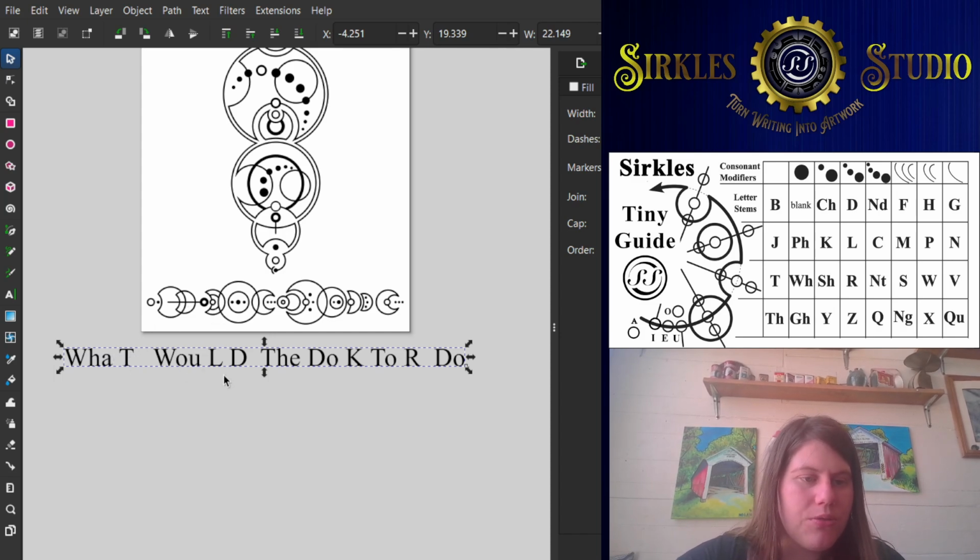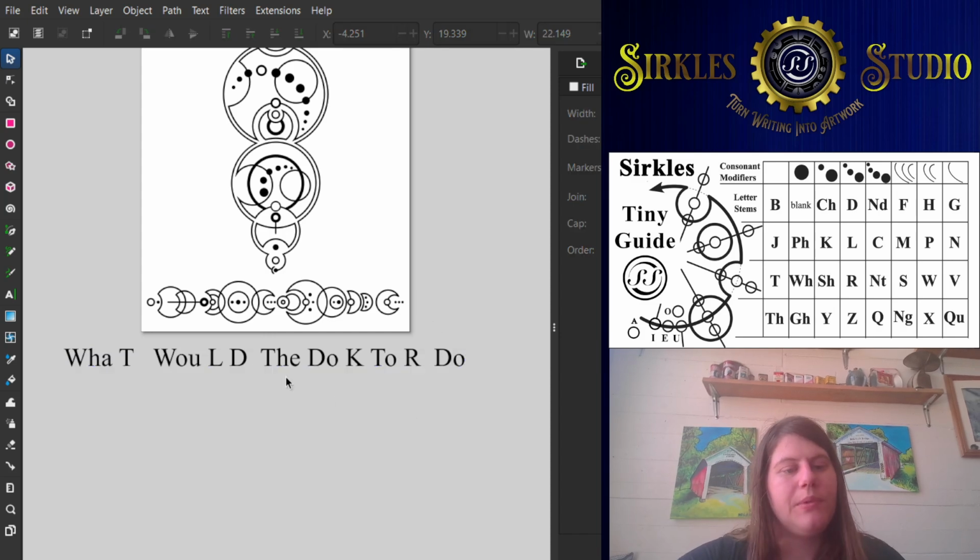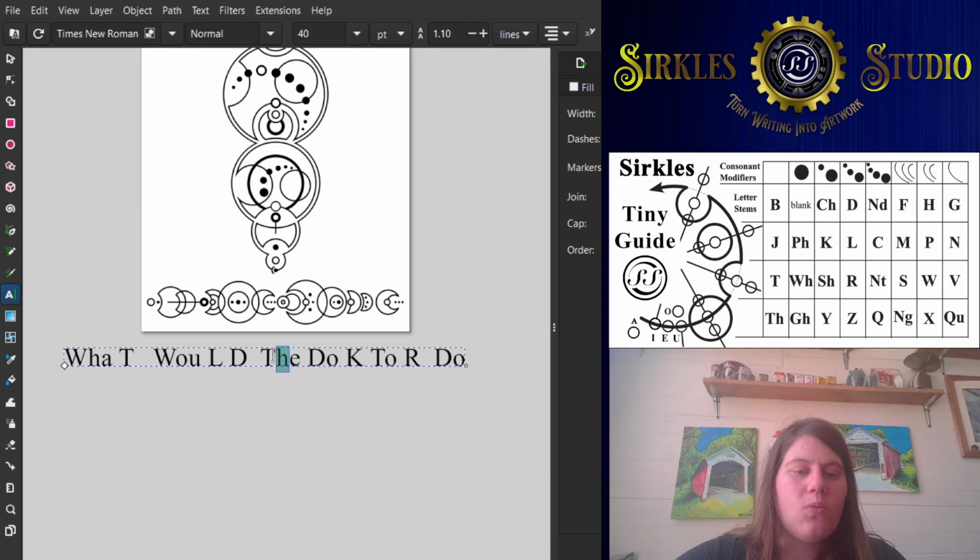What would the doctor do, with the vowels all attached to the consonants and each consonant making its own circle, except for the consonants that we can make as one letter, like the TH and the WH.